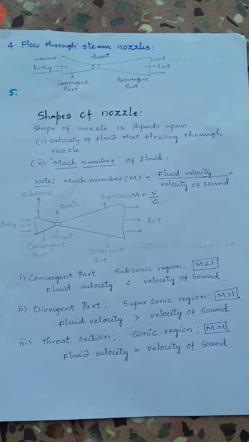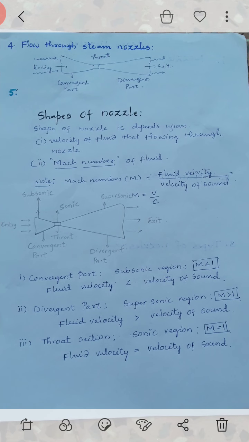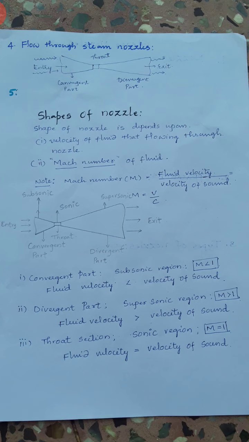So these are all the things through which we can conclude the shape of the nozzle, which is a very important aspect of the steam nozzle. In the next topic we have to deal with an important derivation regarding the velocity of steam at the exit of the nozzle.